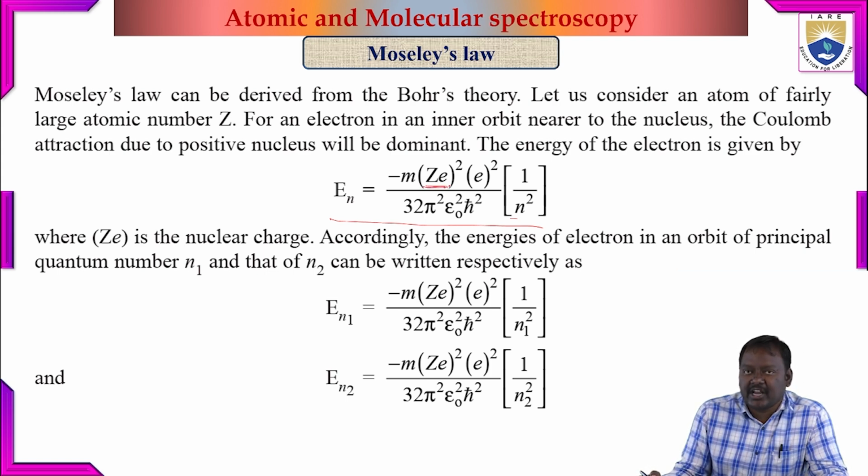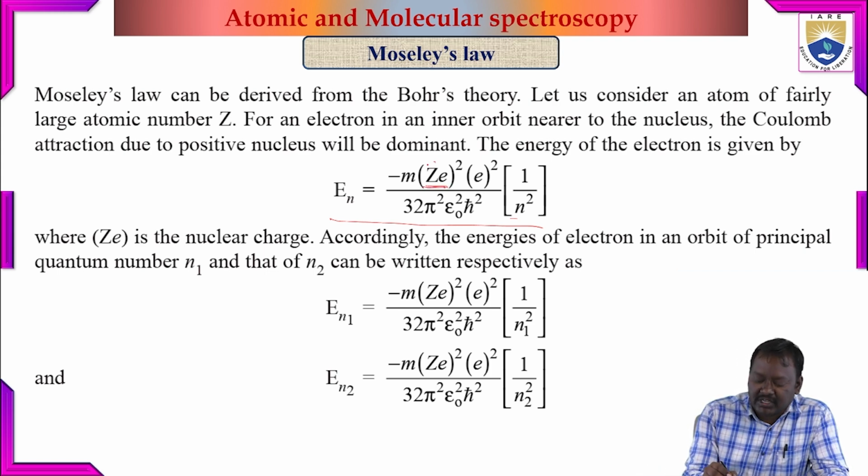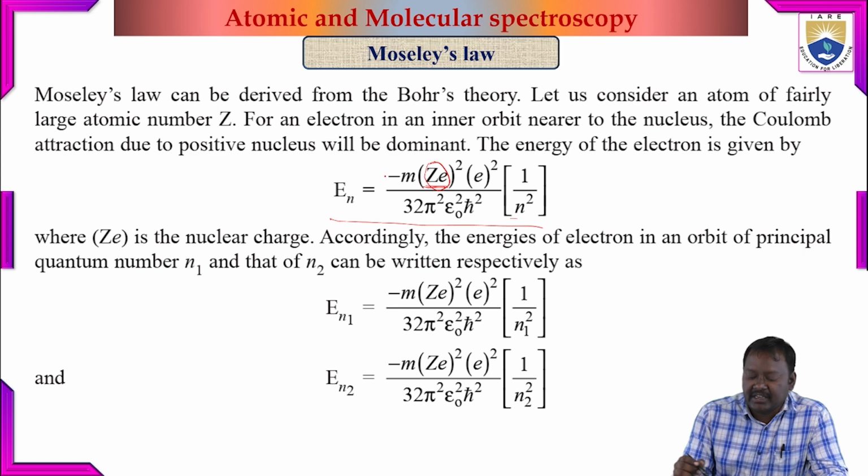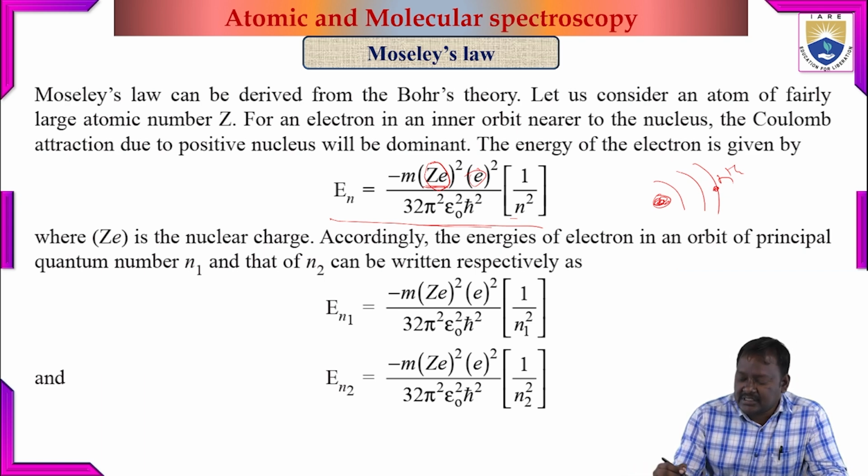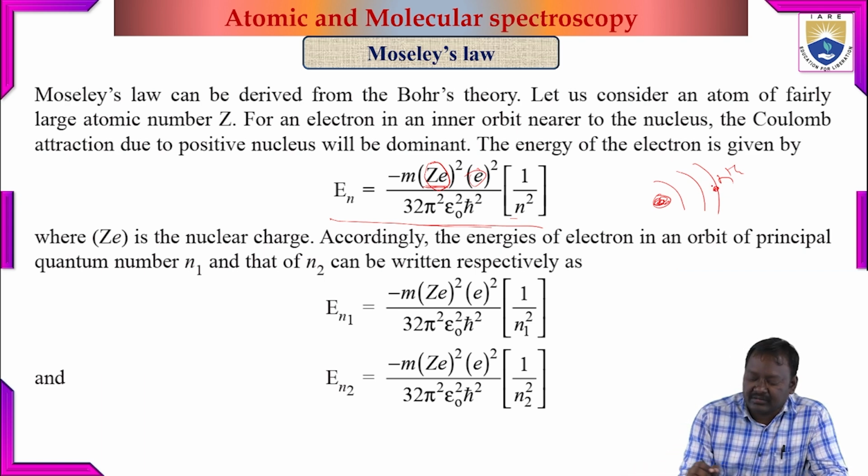So if Z is the atomic number, then the total charge is Ze, and e is the charge of the revolving electron. So if there is an electron in the nth orbit, the energy of this electron in the nth orbit can be given by this formula.